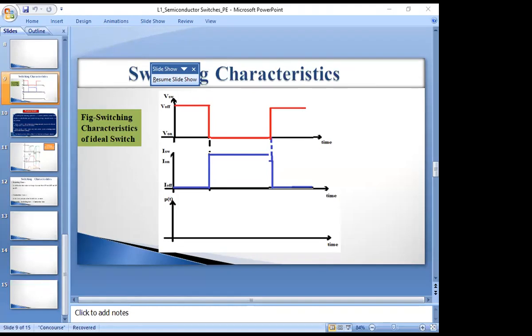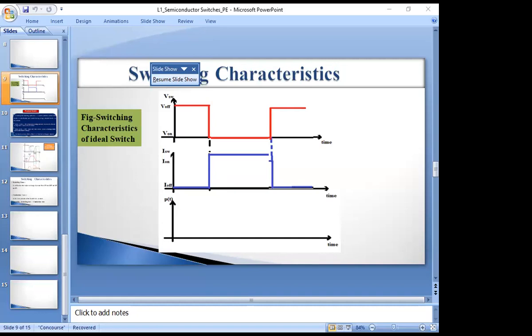Okay. So, for example, the magnitude of the supply voltage is 100 volts. नहीं दिख रहा है क्या? 100 दिख रहा है क्या? Okay, here I will write the magnitude of the supply voltage is 100 volts.